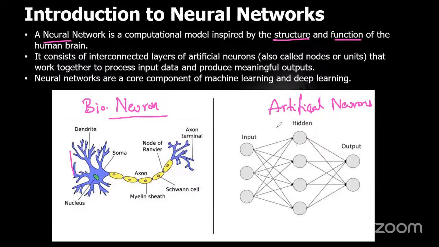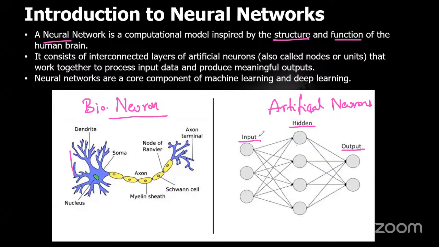What exactly does a neural network contain? Each and every neuron gets connected with some layers. So a neural network contains especially three layers. What are they? Input layer, hidden layers, and output layer. I repeat, a neural network contains an input layer, hidden layers, and an output layer.